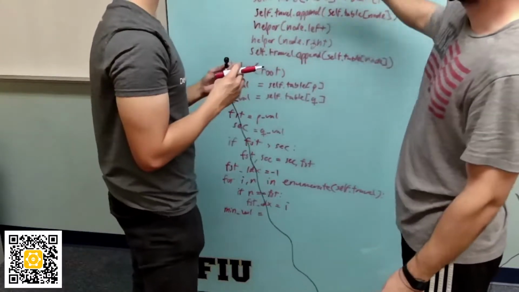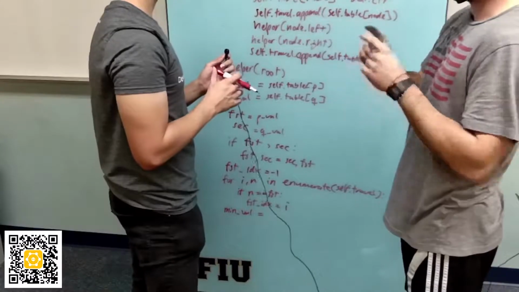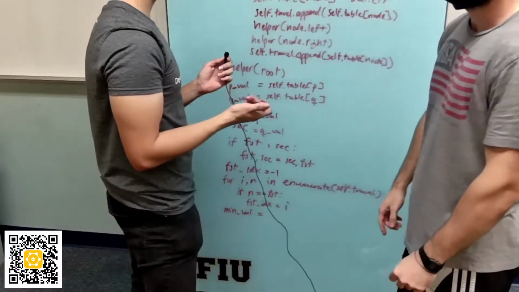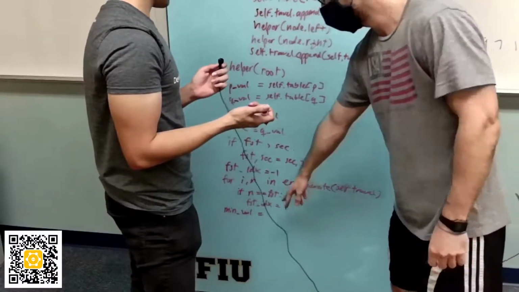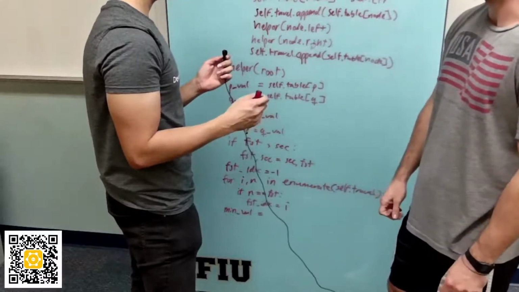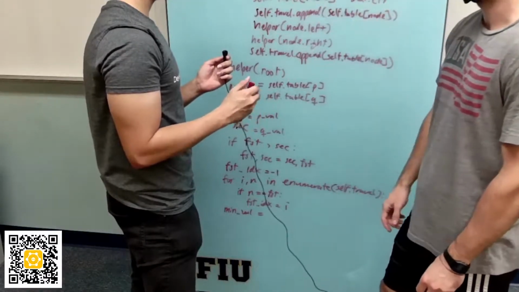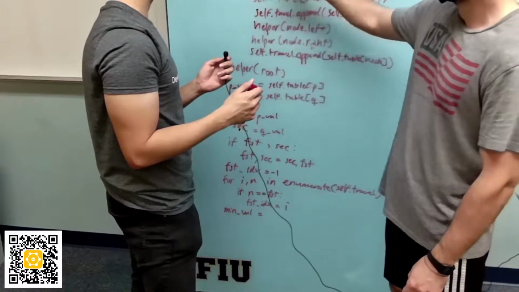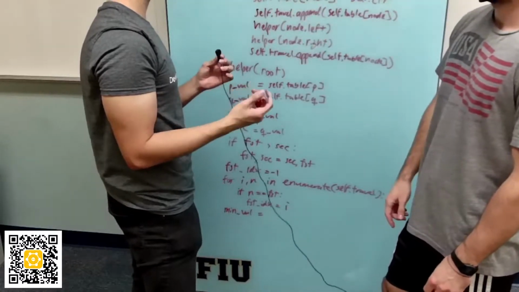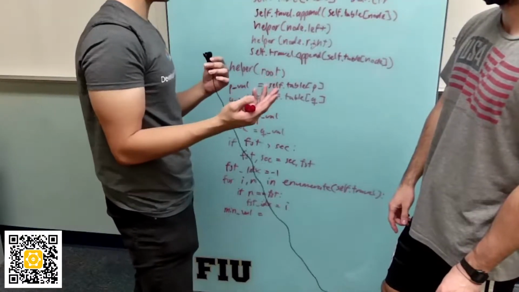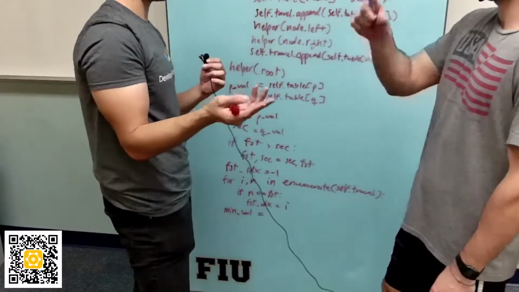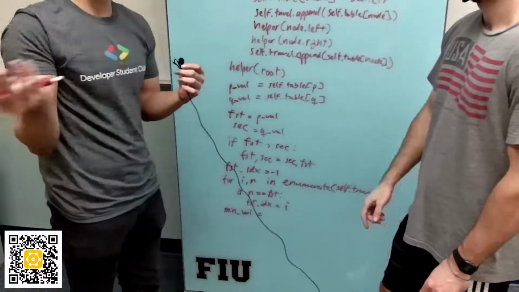You need two tables, a node to counter and a counter to node. Once you get your minimum value, what are you going to do with that? That's not a node, that's just the counter for that node. Are you going to do another helper function? But for a hash table, you can convert a value to a key. Yeah, you can convert value to key.